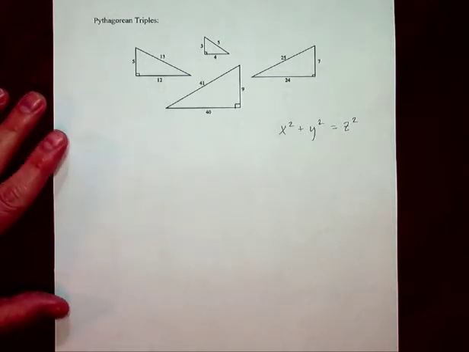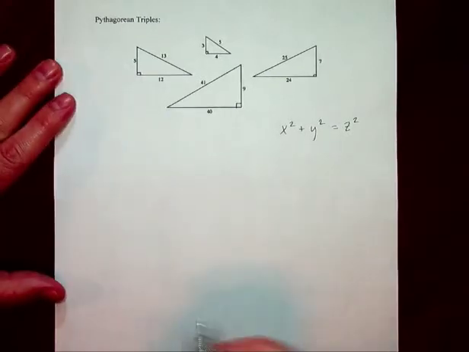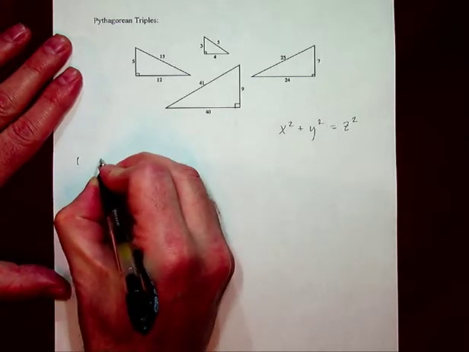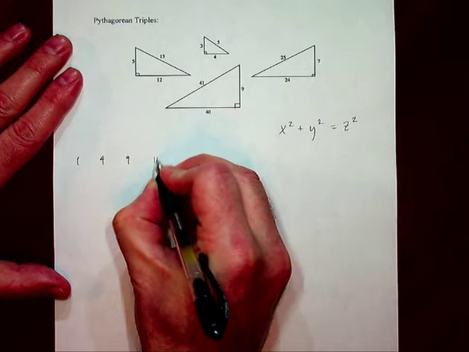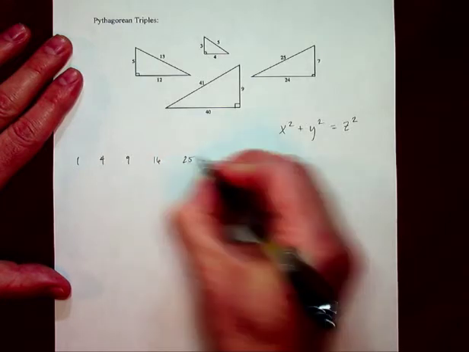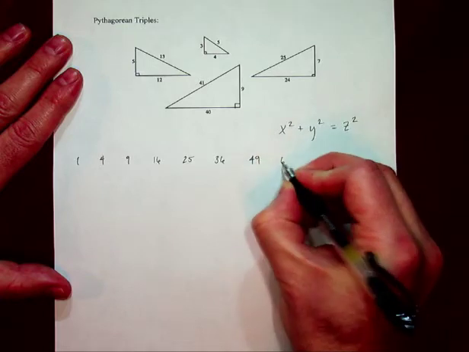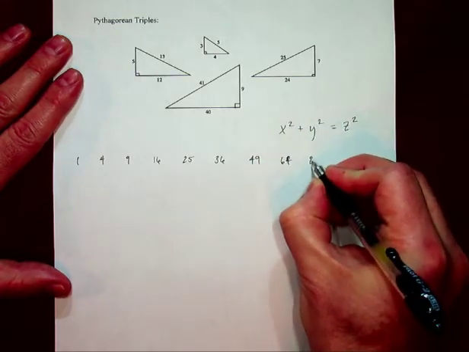But you need to remember that when you square things, there's a progression, okay? 1 squared is 1. 2 squared is 4. 3 squared is 9. 4 squared, 5 squared, 6 squared, 7 squared, 8 squared, 64, 9 squared, and 10 squared.